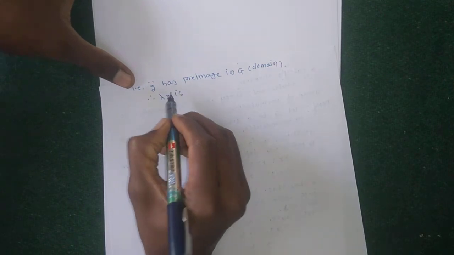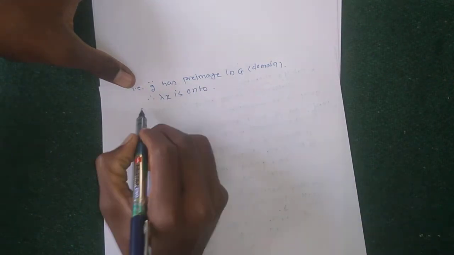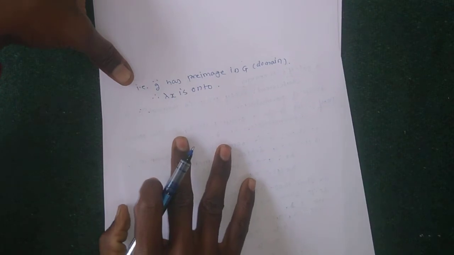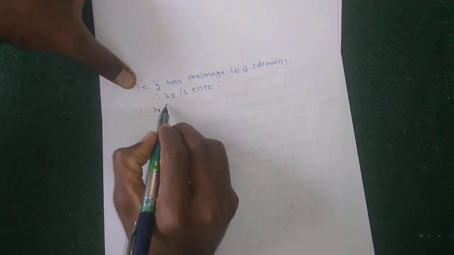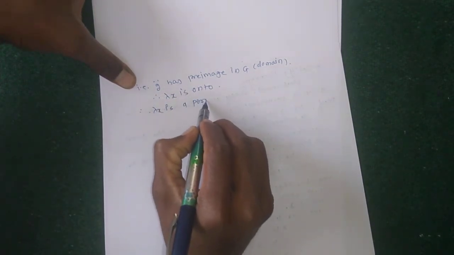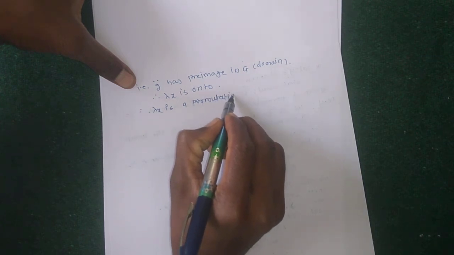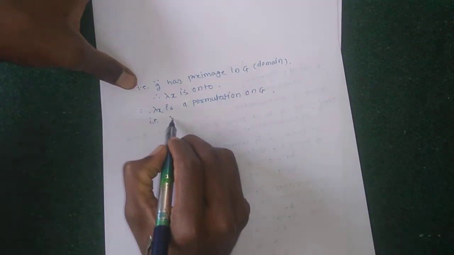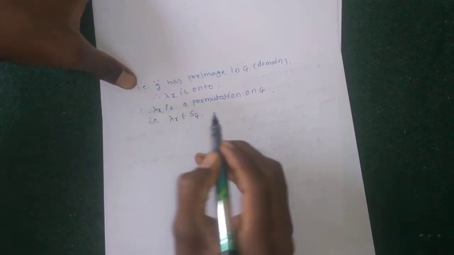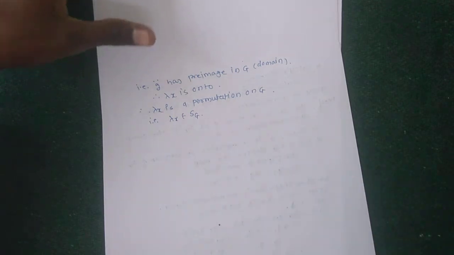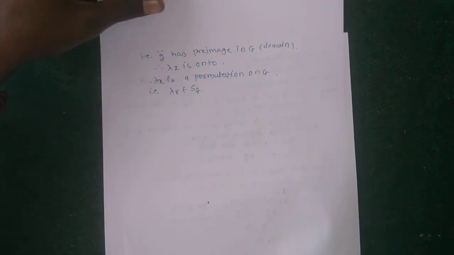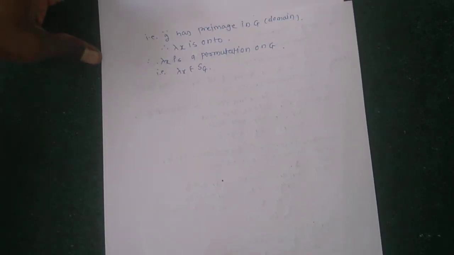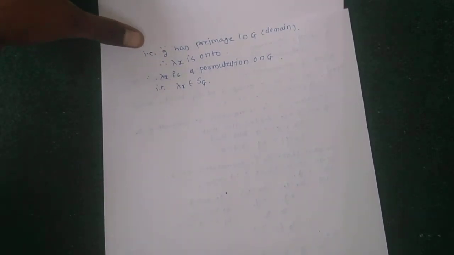Therefore lambda x is onto, and therefore lambda x is a permutation on G. That is, lambda x belongs to SG, because SG is the group of permutations. So one part is completed.